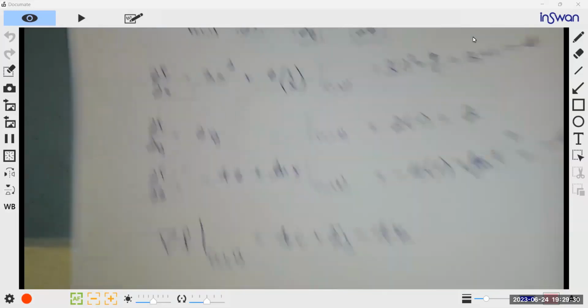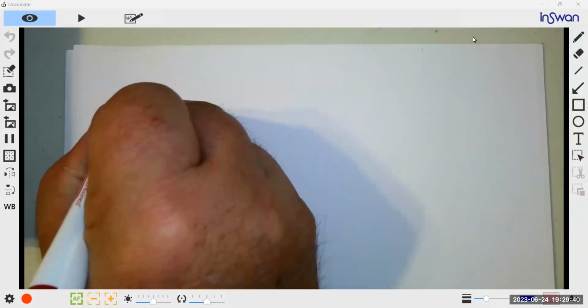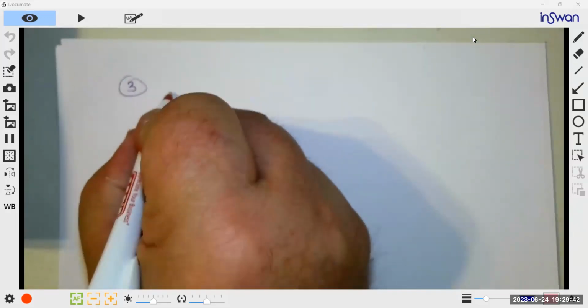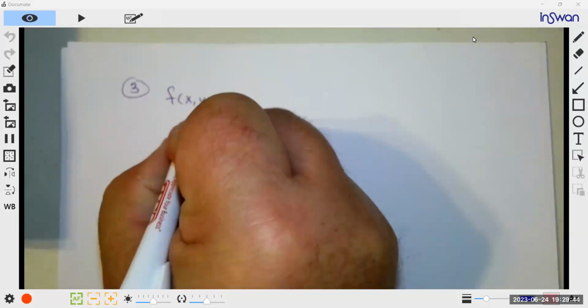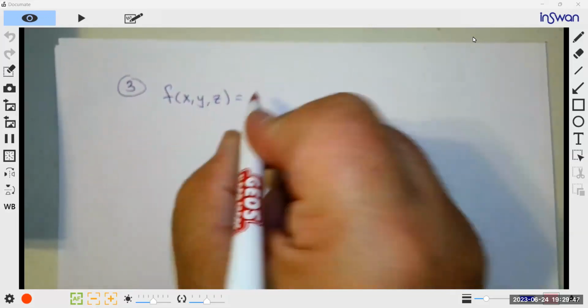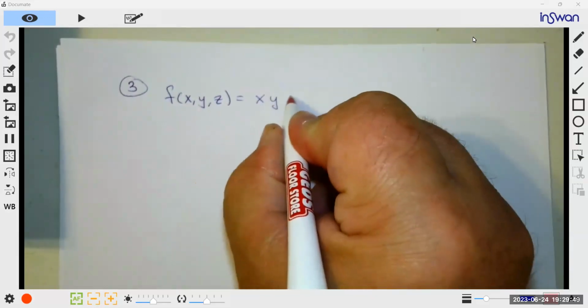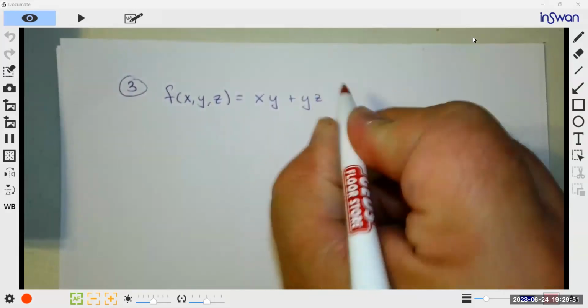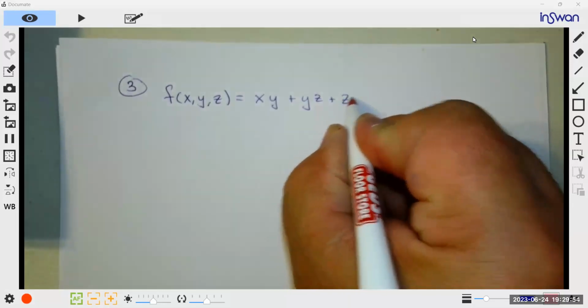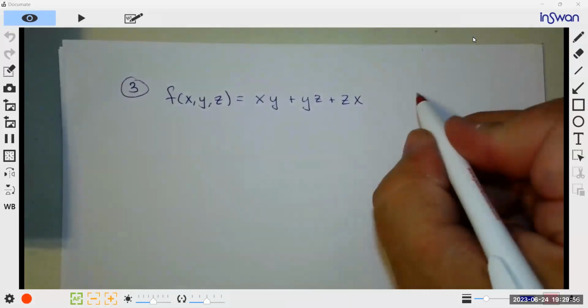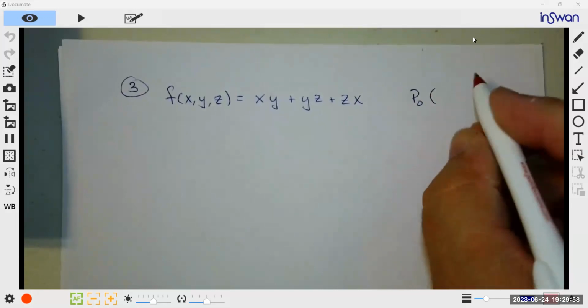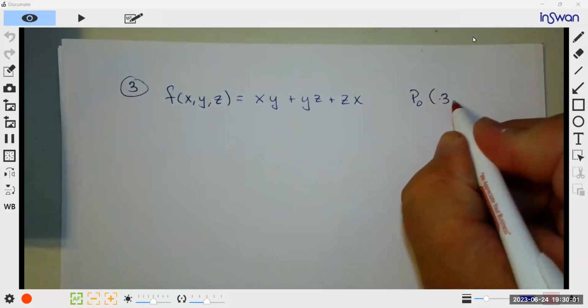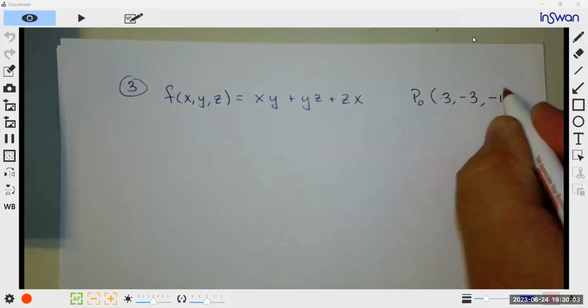So what does all this stuff tell us? Right there I have the function xy, yz, zx. The point is at 3, negative 3, negative 1.